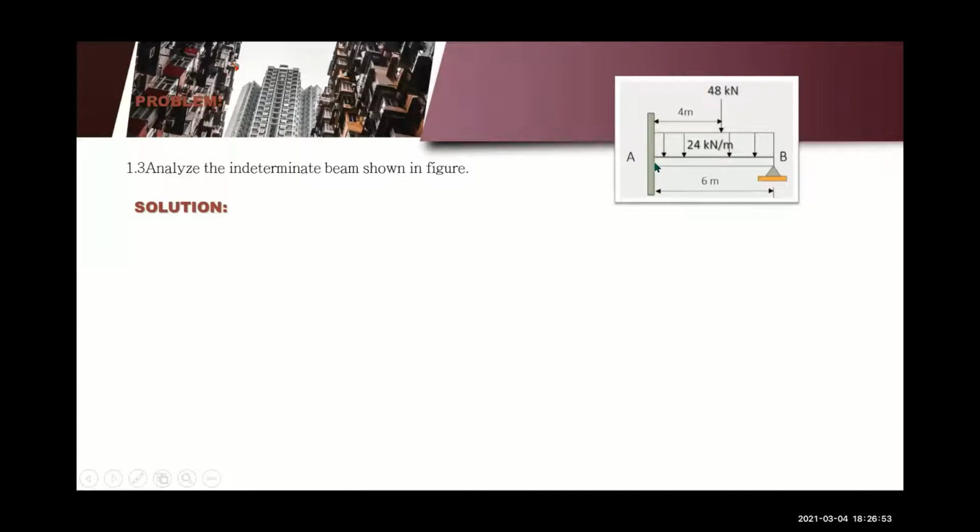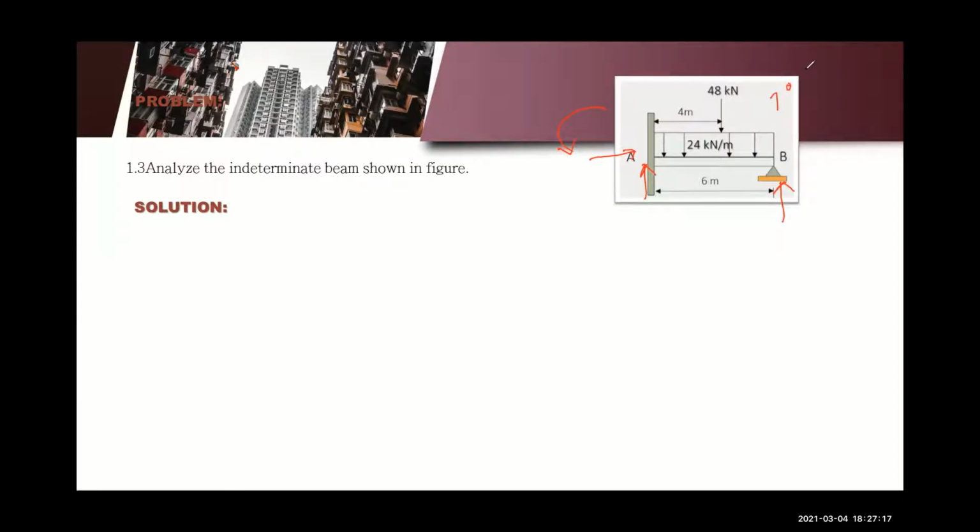So here you actually have two options. Since this is a first degree statical indeterminate structure, diba? If we are to draw the reactions, we have 1, 2, 3, 4. So this is 4. 4 minus 3 is 1. So this is a first degree statical indeterminate structure.